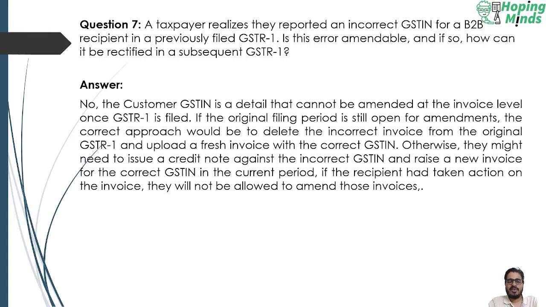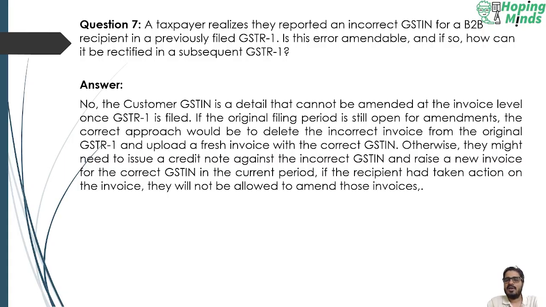So, in a case where an incorrect GSTIN has been furnished in a GST return, it cannot be amended in the subsequent period if the recipient whose GSTIN has been inadvertently or mistakenly entered in the GSTR1 return has already accepted that invoice. In such a case, amendment is not possible.